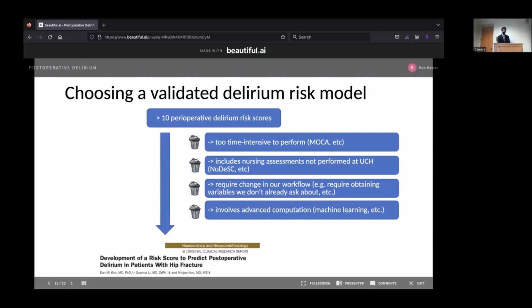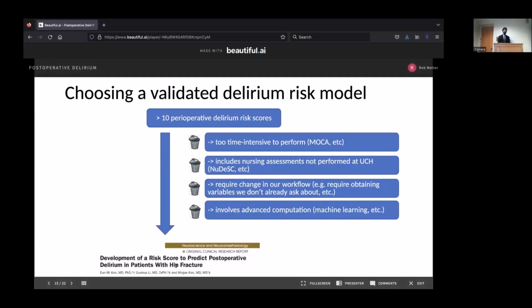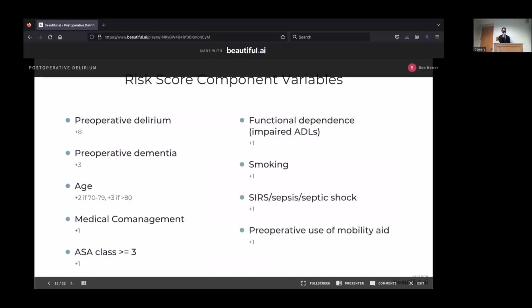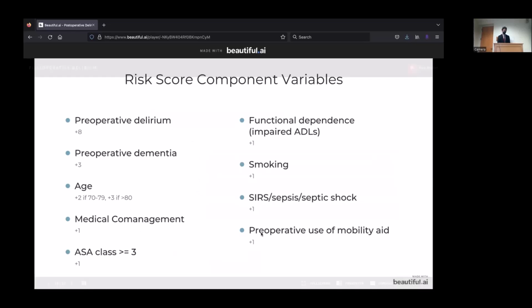So we settled on a model out of Columbia University that was basically a risk score to predict postoperative delirium in patients with hip fracture, which we are extrapolating a bit to a broader category of orthopedic patients. The component variables in this risk model are 9, and each is weighted a bit differently.